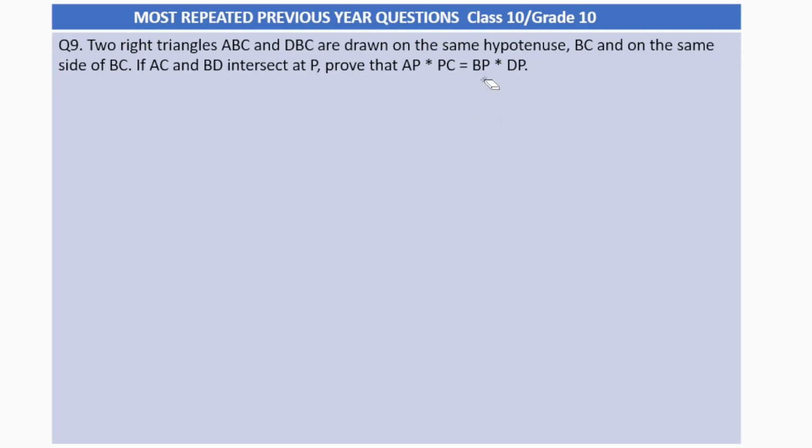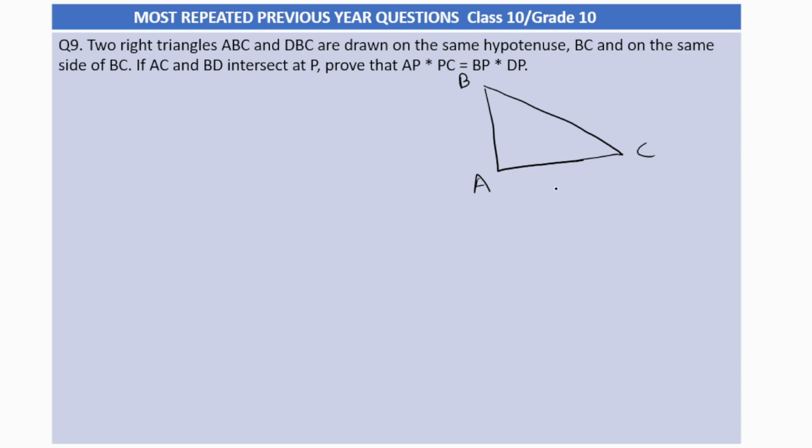Okay, I'll draw it again. Let this be BC and this point be A, and there is another right angle triangle DBC, which shares the same hypotenuse BC.